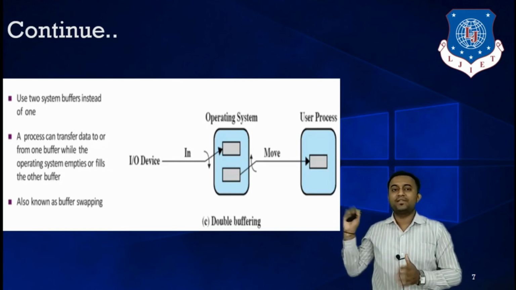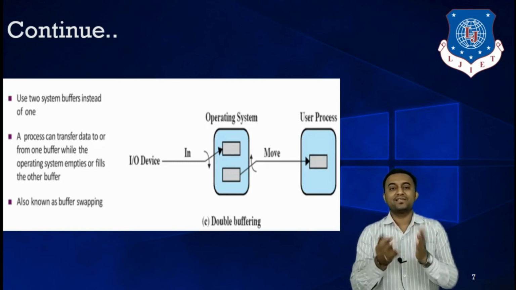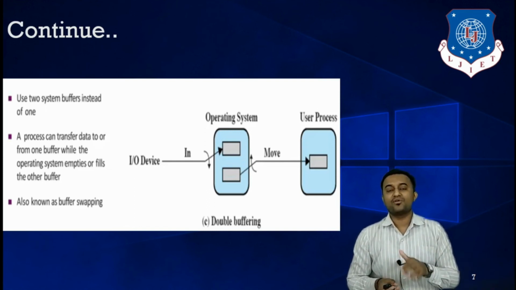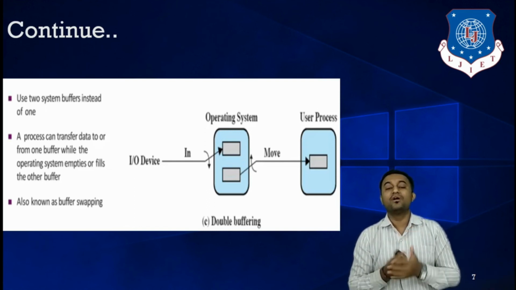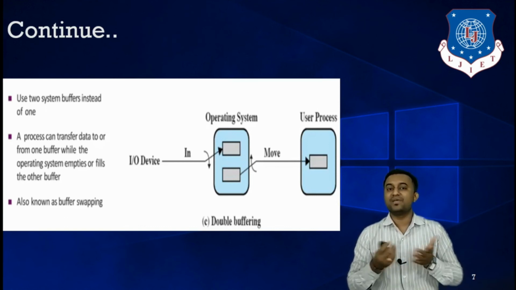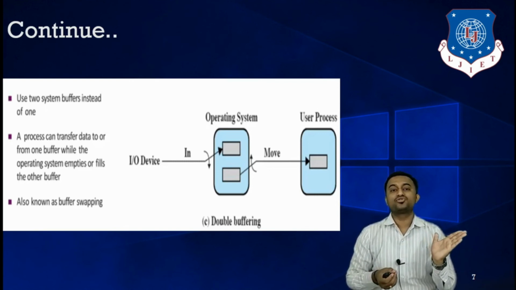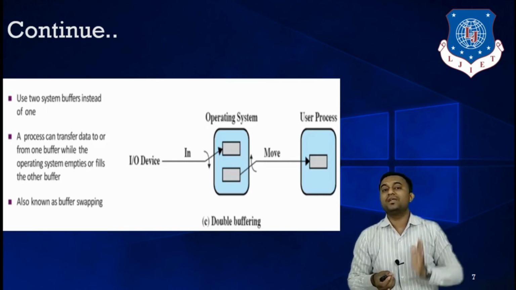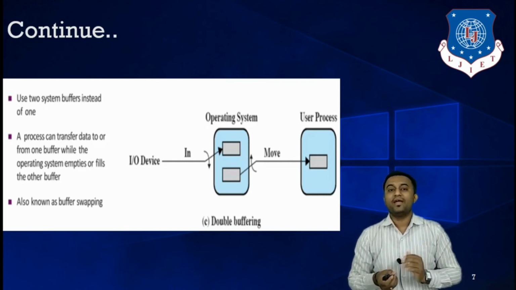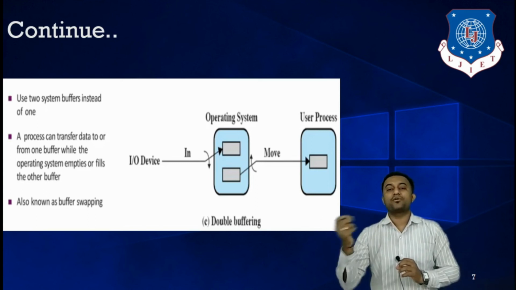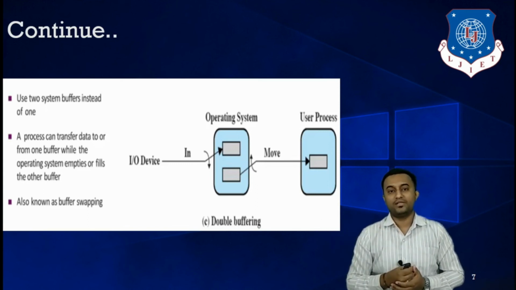What will happen in this case? There is no concept of critical section. That problem we have resolved because instead of one, we have two buffers in main memory. So any of the buffers can be used to insert the data, and any of the buffers can be used to delete or move something from the buffer.